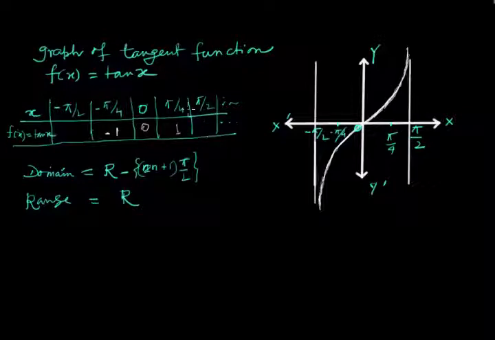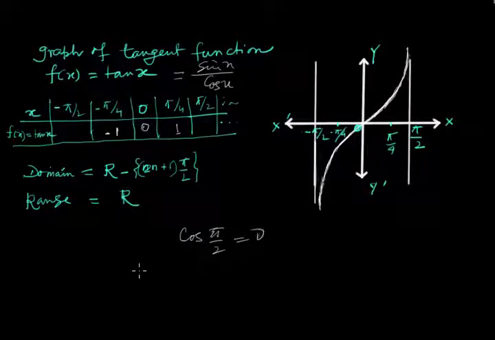At 90, tan x equals sin x by cos x, and cos 90 is equal to 0, and that's why something divided by 0 is undefined. Therefore tan of 90 is not defined.